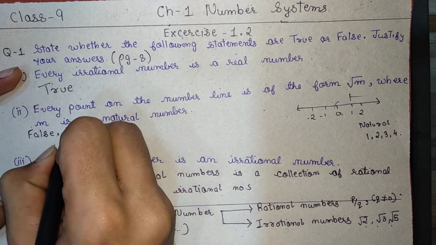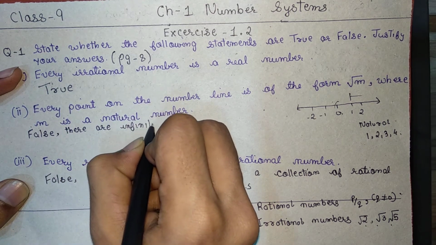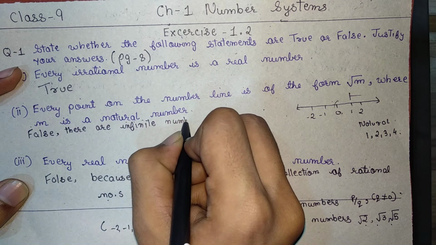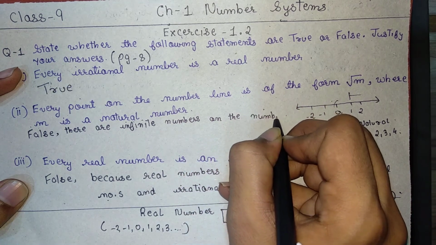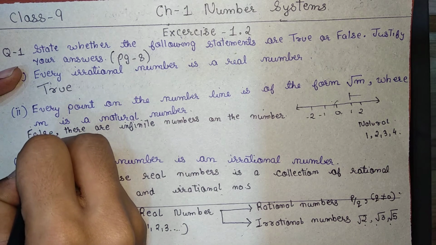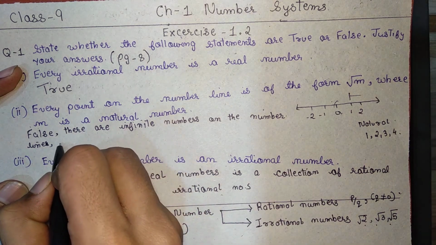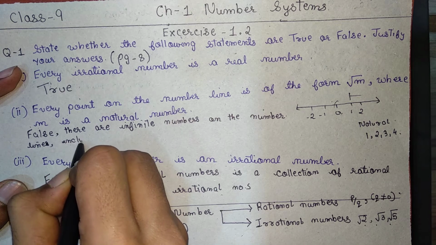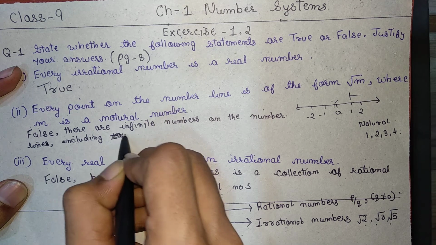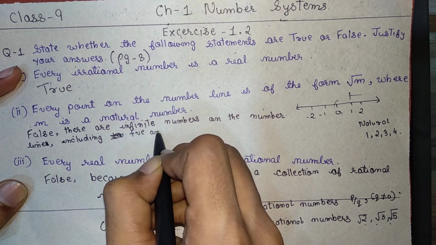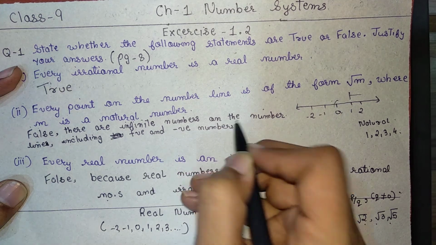What is the reason for that? The reason is that there are infinite numbers on the number line, including positive numbers and negative numbers.